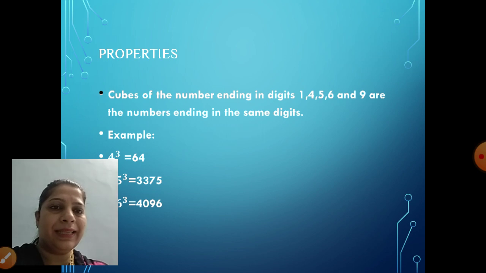Now let us see the second property. What is written: cubes of numbers ending in digits 1, 4, 5, 6 and 9 are numbers ending in the same digits. It means what we have seen in the cube numbers from 1 to 10, there also you can see 1, 4, 5, 6 and 9.